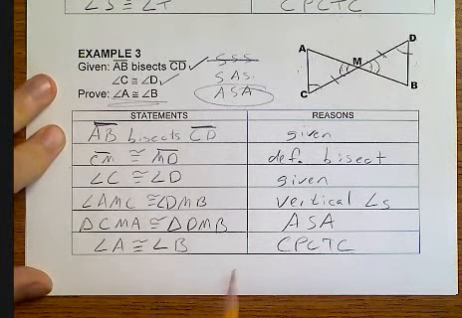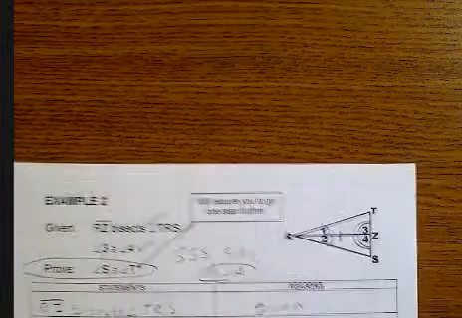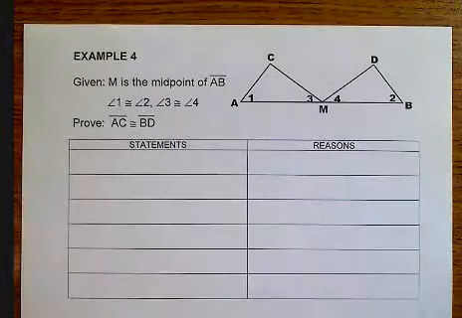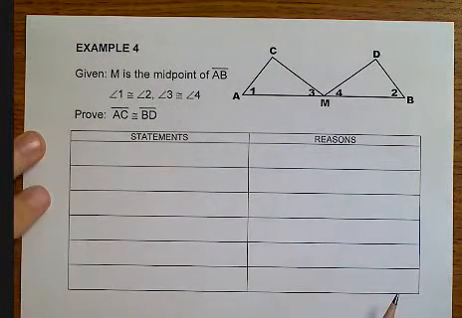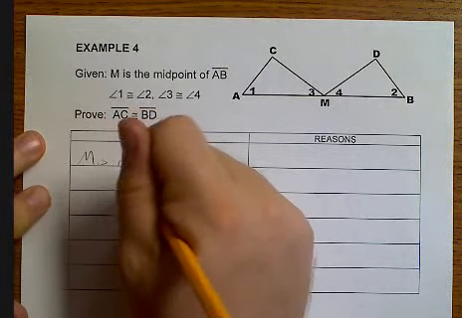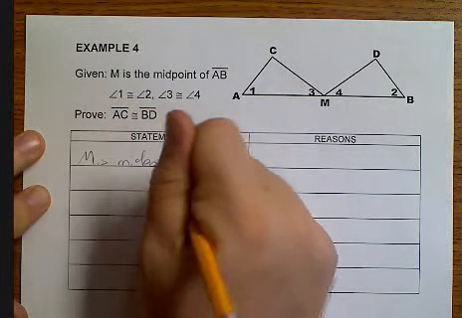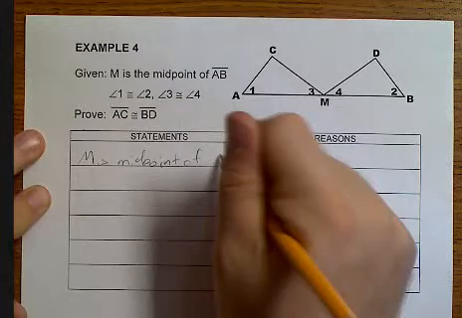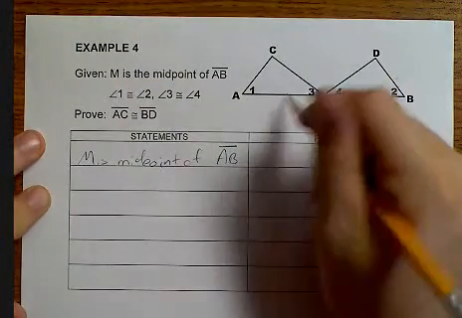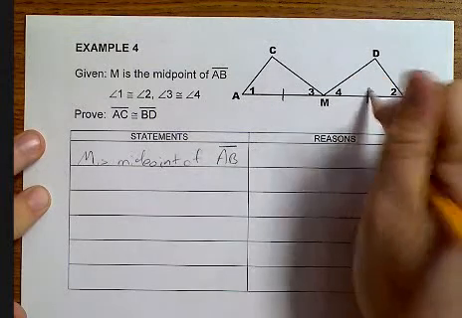Moving on to example number 4, and the last example. All right, our first given is that M is the midpoint of AB. That means that this and this are the same.